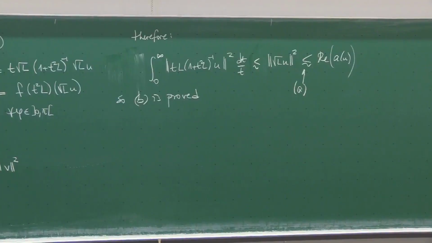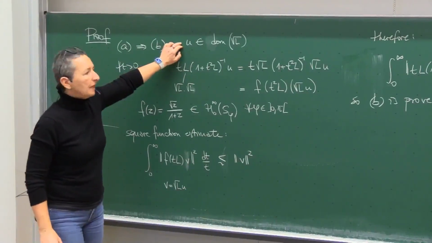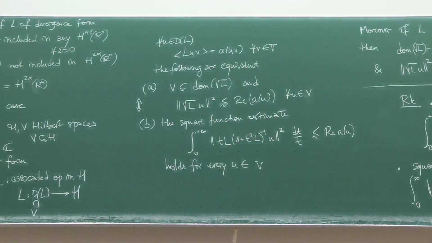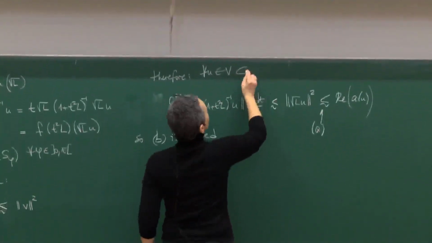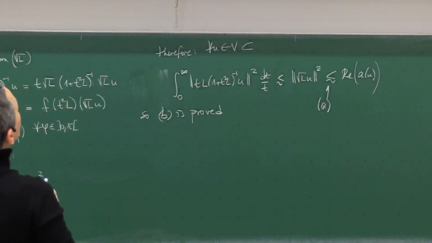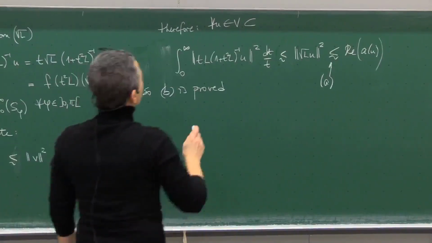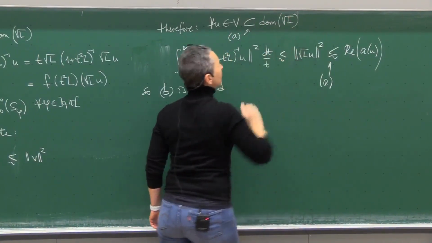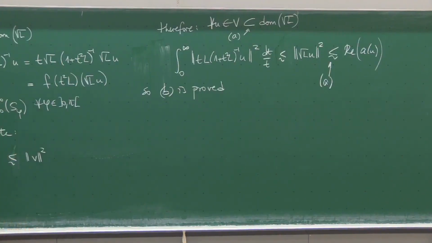So B is proved, right? I started with u in the domain of the square root of L, and I proved exactly what I wanted, B, for all u in V, by the assumption A that V is in the domain of the square root of L. So that everything works, hopefully.